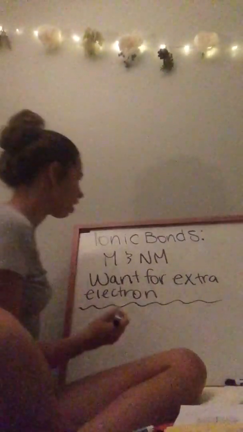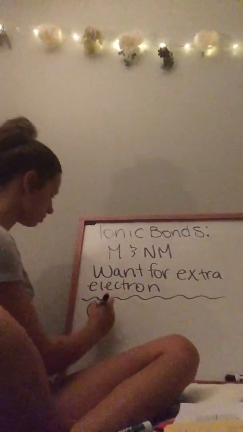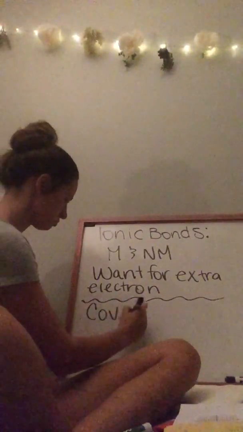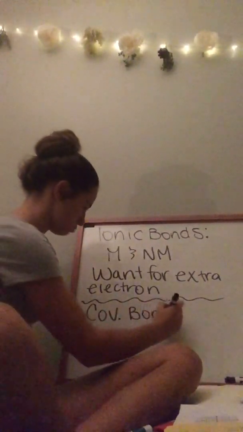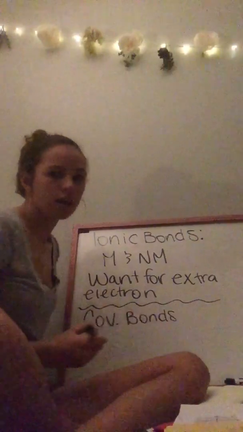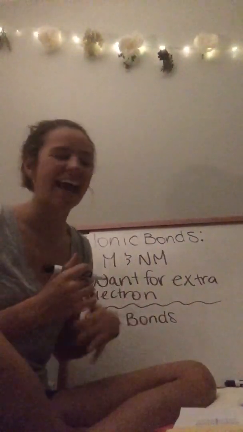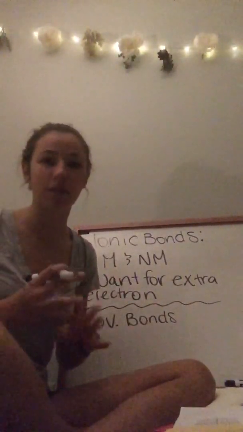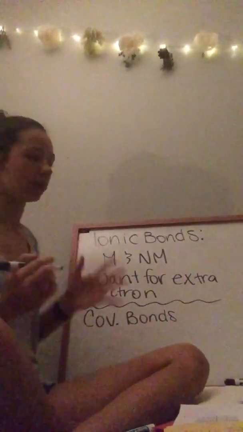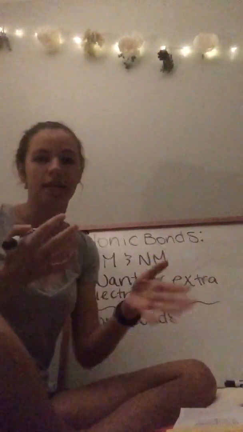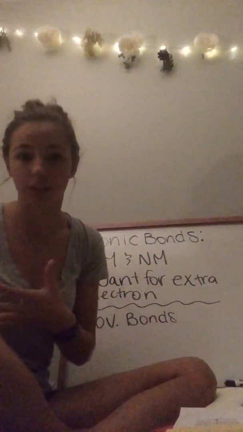So next we can talk about covalent bonds. For covalent bonds, those are going to be formed between a nonmetal and a nonmetal. And the reason that they're formed between those two is because, unlike the ionic bonds, there's not a huge difference between wanting to give up an electron and wanting to take an electron.